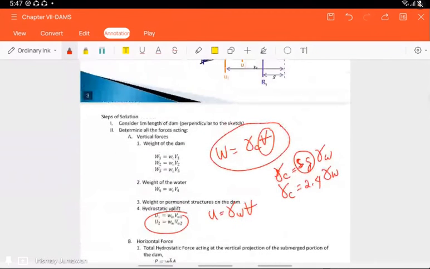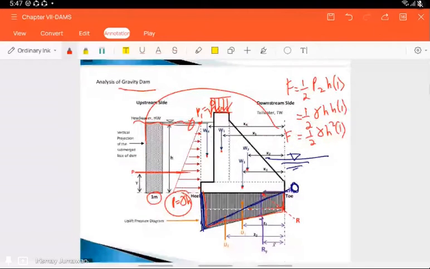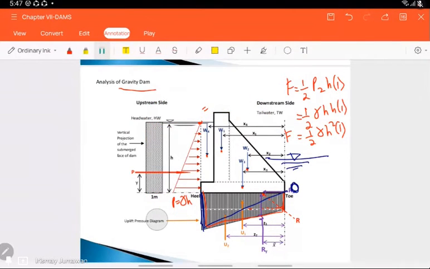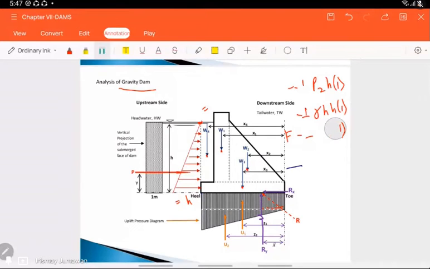Looking back at this figure, you have to identify what are the forces that help the dam resist against overturning, and what are the pressures that overturn the dam.